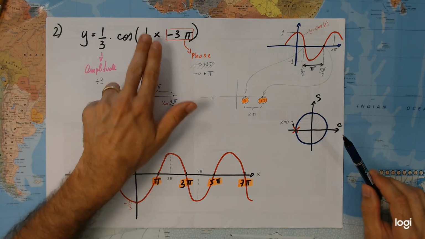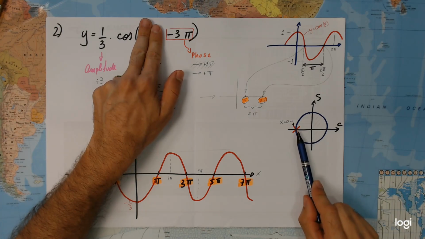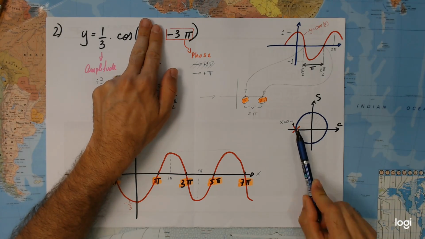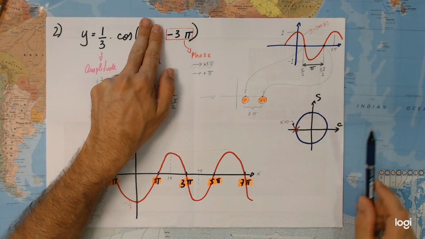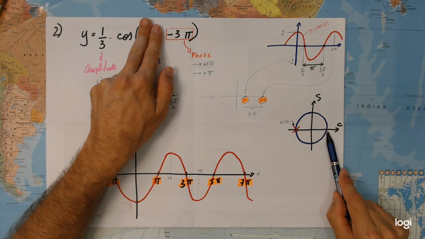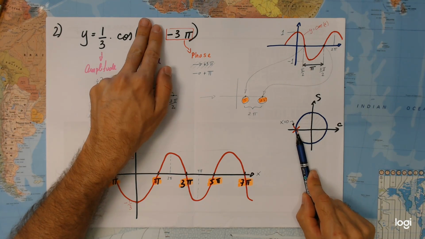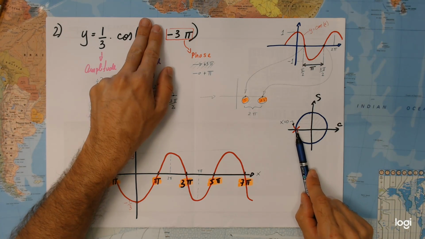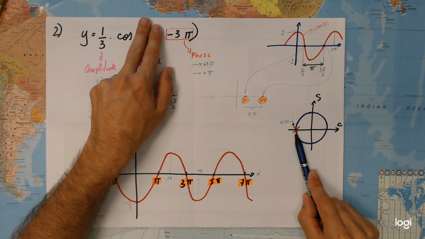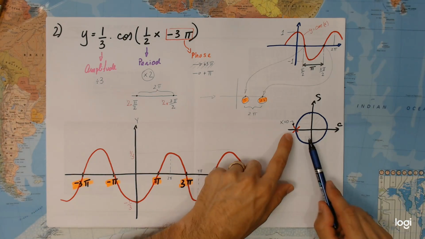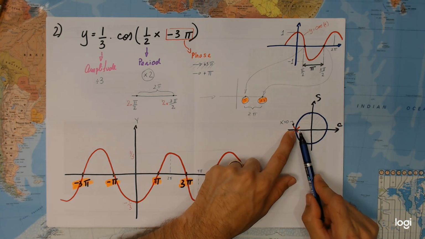Make it x equals 0. We're going to start in here, right? Why? Minus 3 pi or minus pi. Minus pi, minus 2, minus 3 pi. I'm just counting the numbers. That's where we are starting. What is the cosine of minus 3 pi? Minus 1.